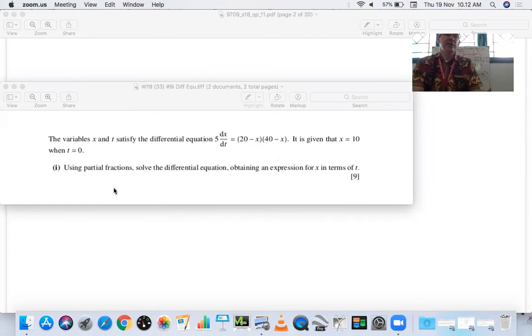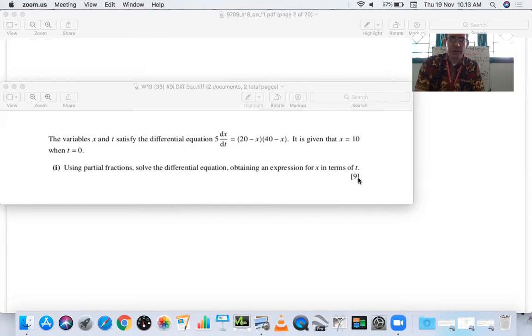Part I, using partial fractions. So it's nice of them to tell us this, although you need to identify this on your own, even if they don't tell you. But using partial fractions, solve the differential equation, obtaining an expression for x in terms of t. Notice it's worth 9 points.